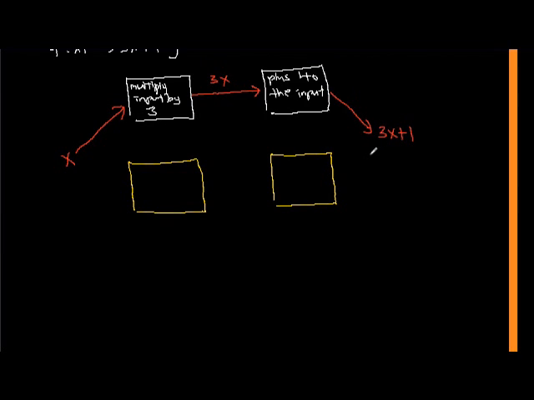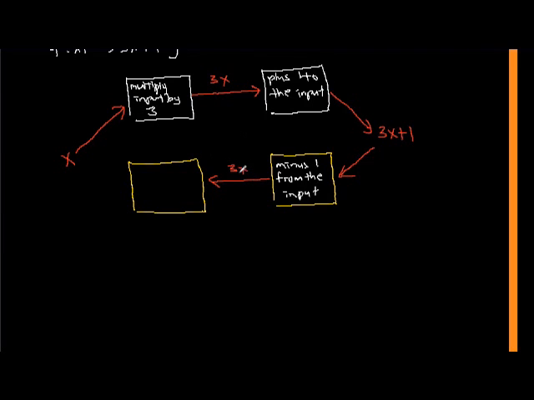Firstly, we feed 3x plus 1 into the first machine, which can be described as the inverse of the second machine here. So it is minus 1 from the input. As a result, 3x plus 1 minus 1, we get 3x.